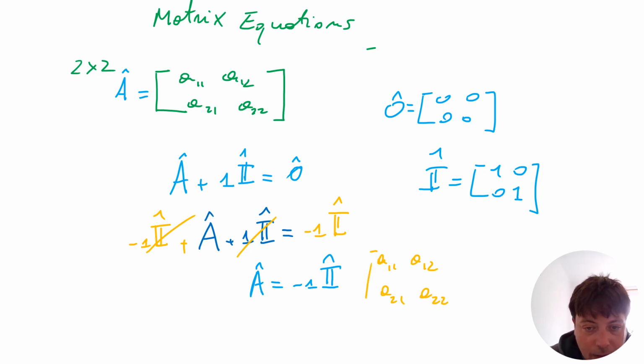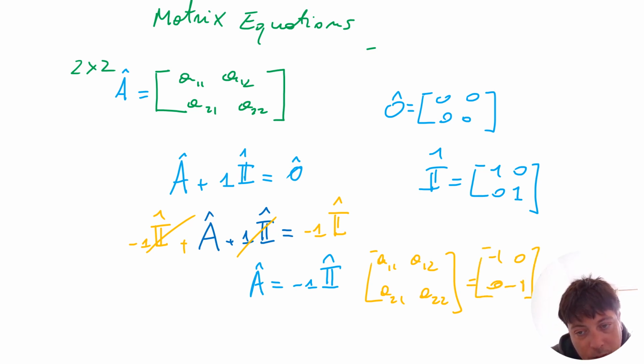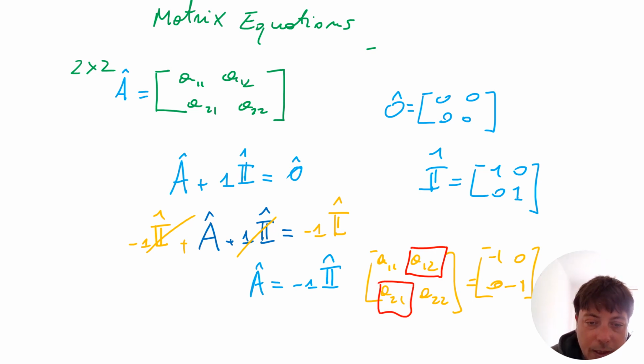This is A, and this should be equal to minus 1, 0, 0, minus 1. Now you see that this is quite easy to do because you just call this one 0, this one 0, this one minus 1, this one minus 1, and you get your solution.